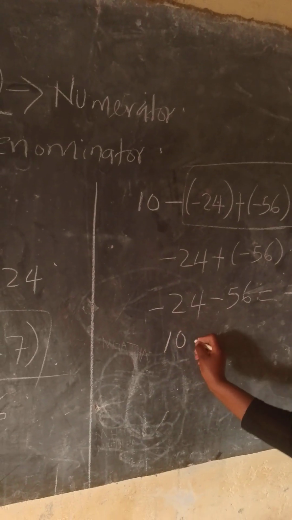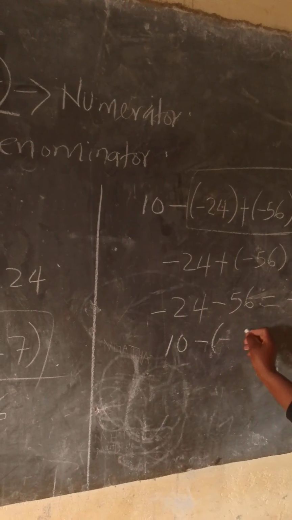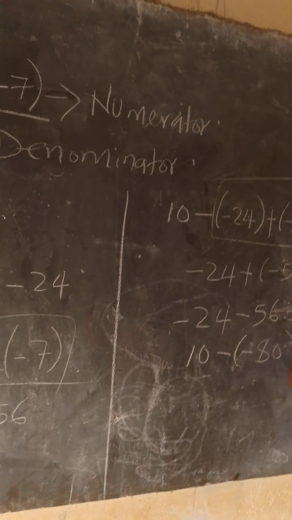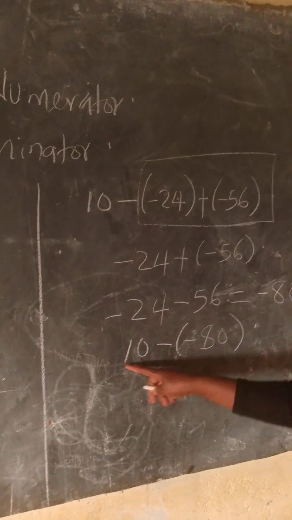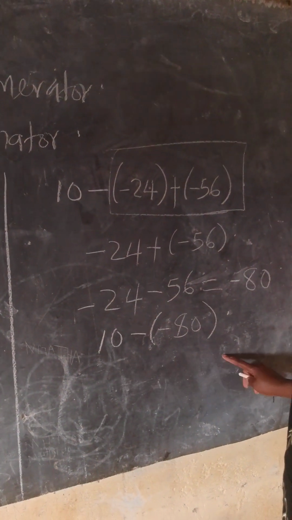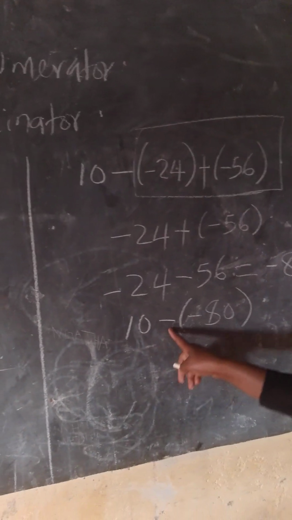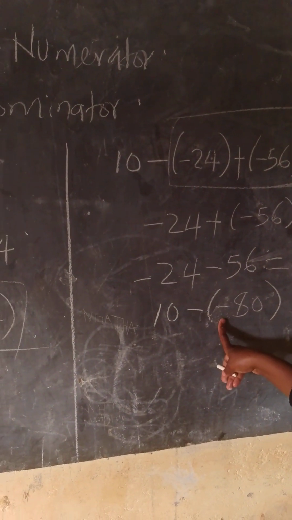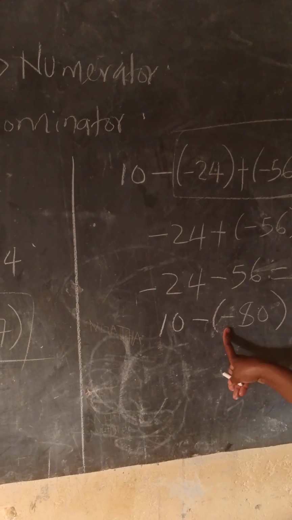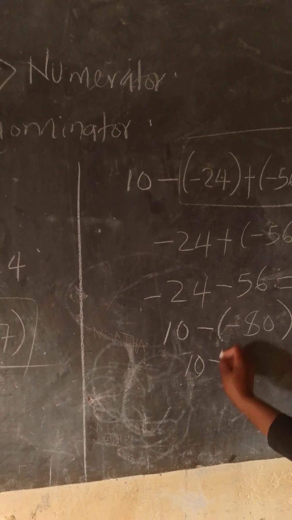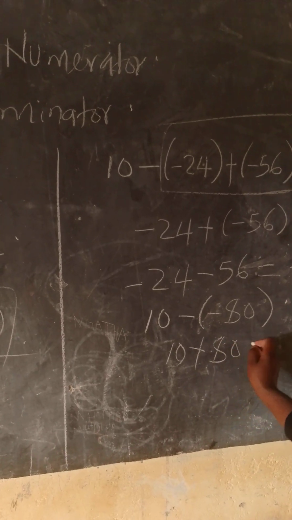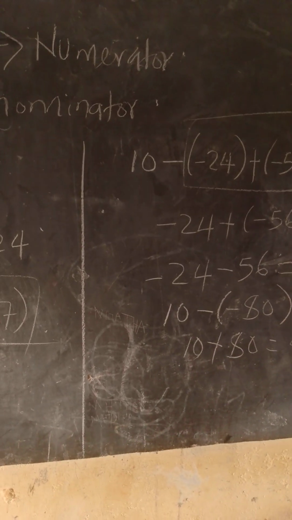This is 10 minus negative 80. Look at this, we have a negative followed by a negative, which will turn out to be positive. So this will be 10 plus 80, which is 90.